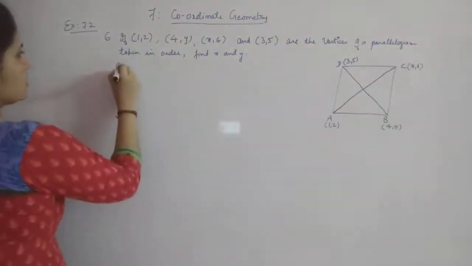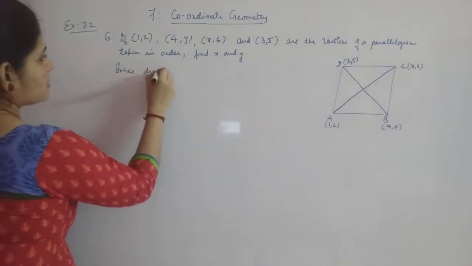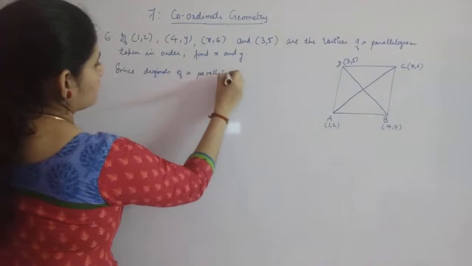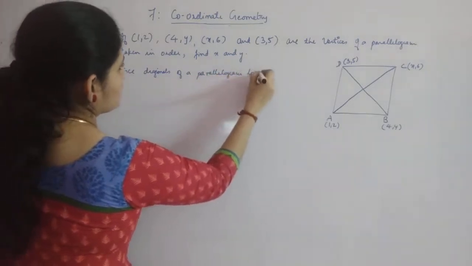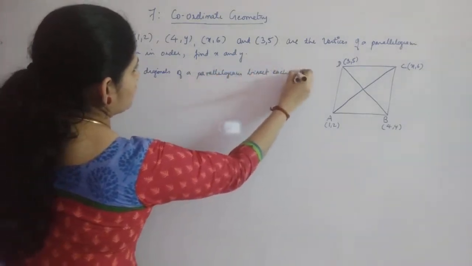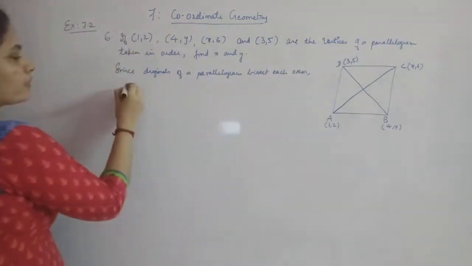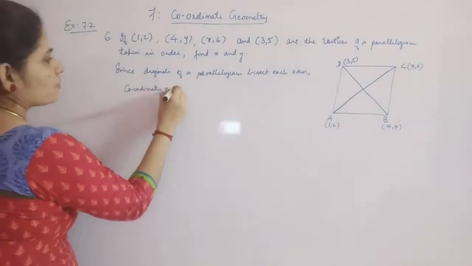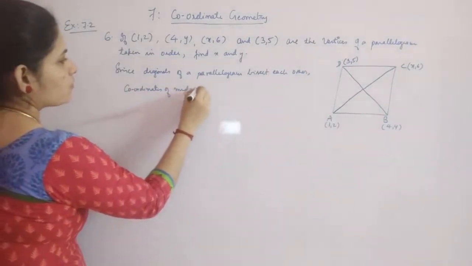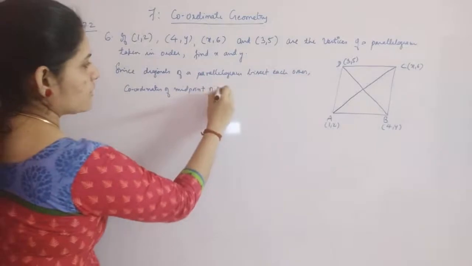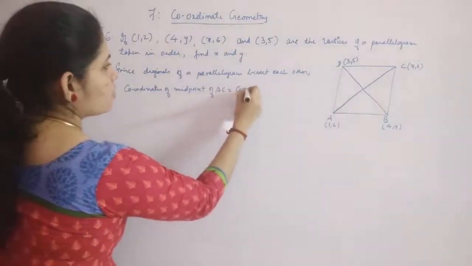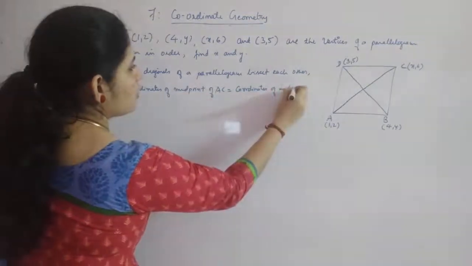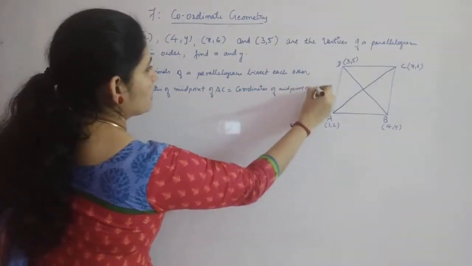Okay, since diagonals of a parallelogram bisect each other, we can say that the coordinates of the midpoint of one diagonal, the midpoint of AC, will be equal to the coordinates of the midpoint of BD.